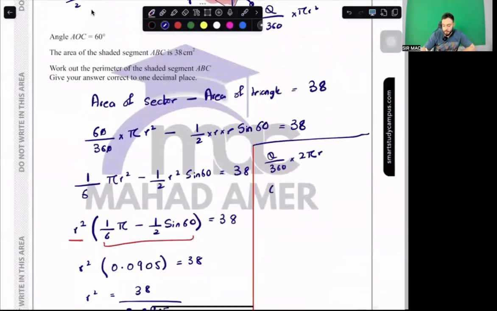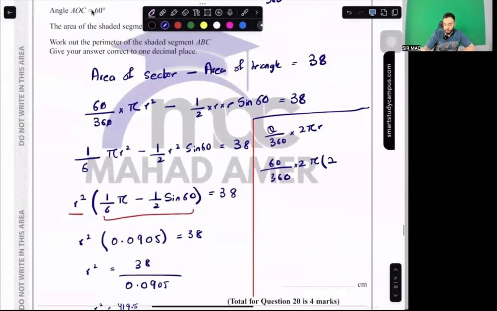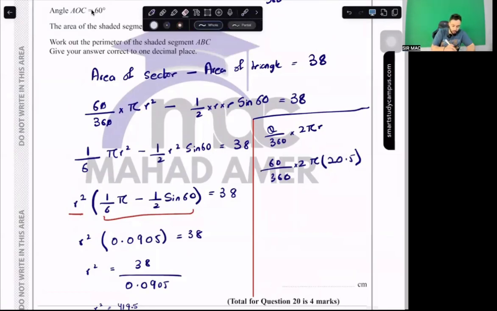So the angle is again 60 over 360, times 2 pi times the radius, which we just got as 20.5. Plug everything into a calculator and you would get the value for this as 21.46.